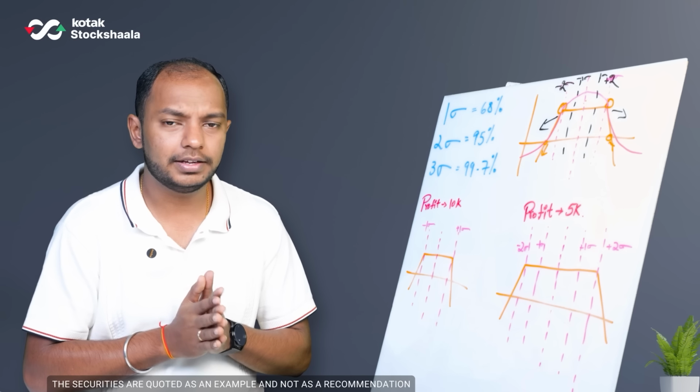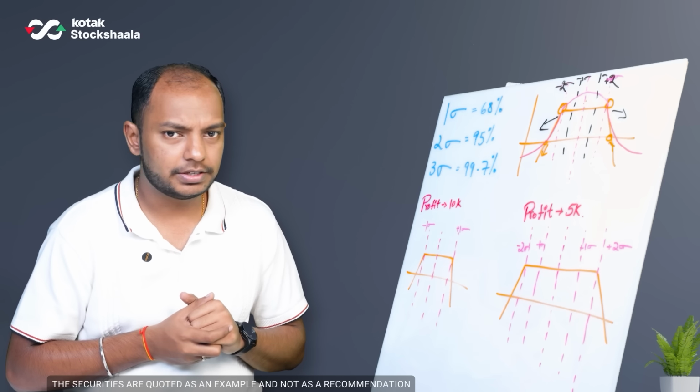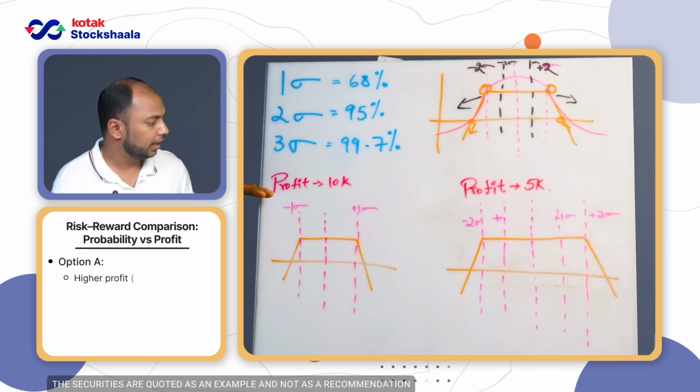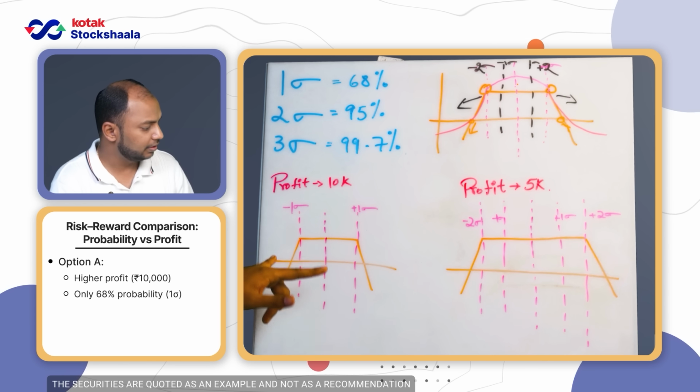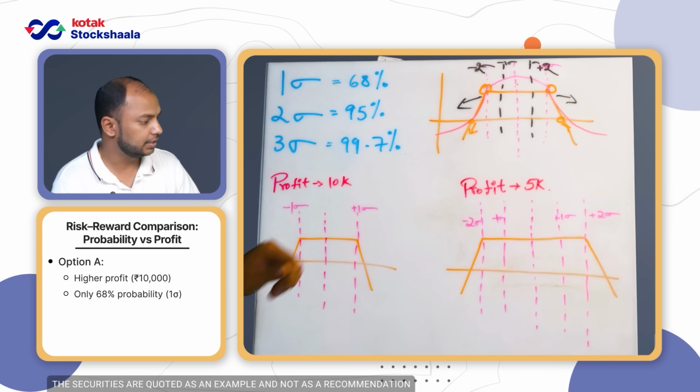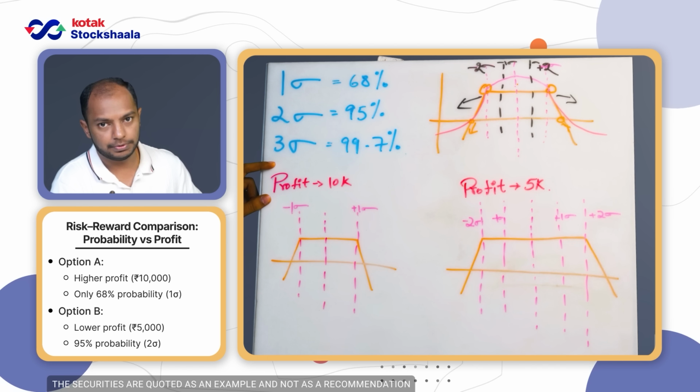Let's take another example to understand this concept better. Now let me ask you a question. Let's say we have 1 strangle where the entire strangle sits within 1 standard deviation or 1 sigma, and the total overall maximum profit achievable is 10,000 rupees.